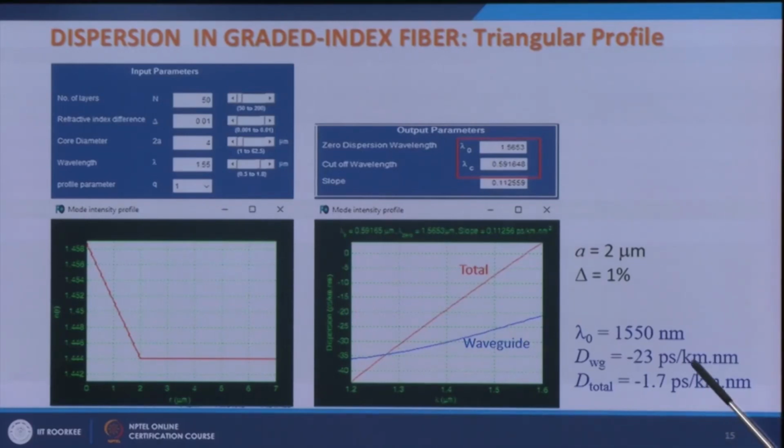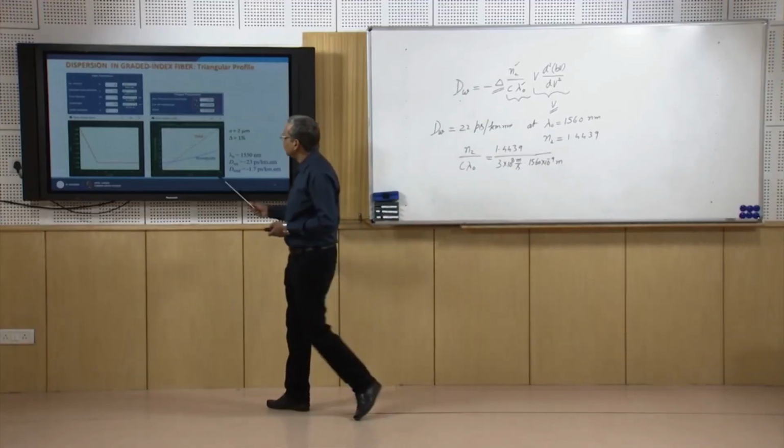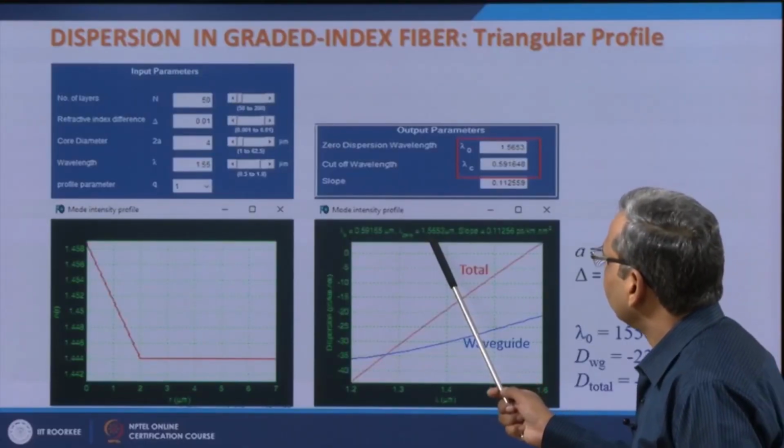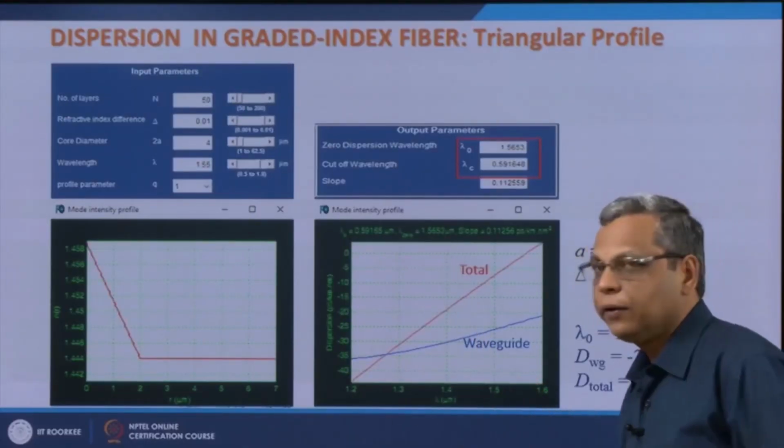At 1550 nanometer wavelength, the waveguide dispersion is minus 23 picoseconds per kilometer nanometer, and total dispersion is about minus 2 picoseconds per kilometer nanometer, very small. And the zero dispersion wavelength shifts to about 1565 nanometer.